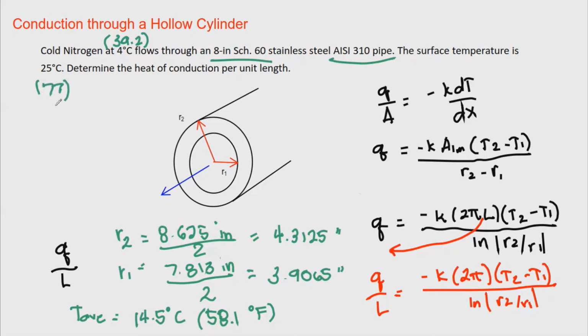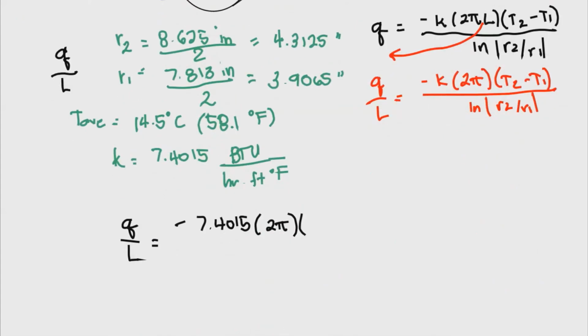So we can now write 77 and 39.2. Remember the flow of heat: heat travels from the higher temperature region to the lower temperature region. So our T2 here should be the lower one.